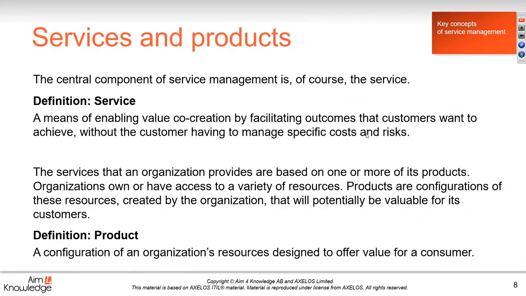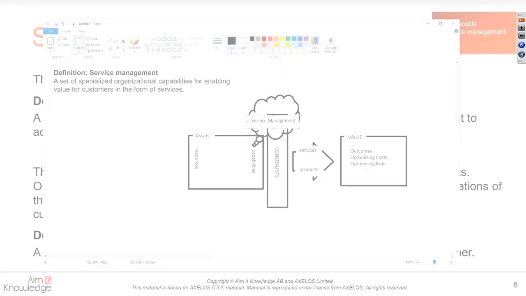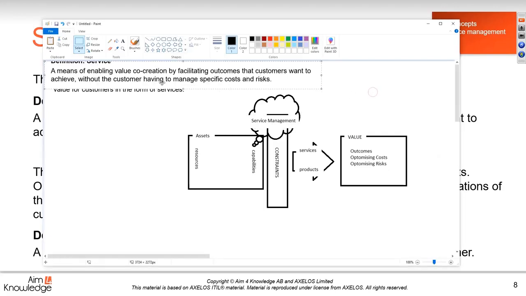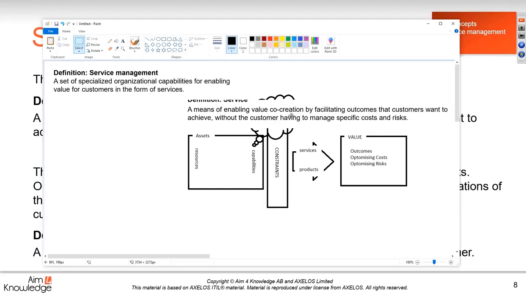So let's explore services and products further. A service is a means of enabling value co-creation by facilitating outcomes that our customers want to achieve, without our customers having to assume and manage specific costs and risks associated with those services.